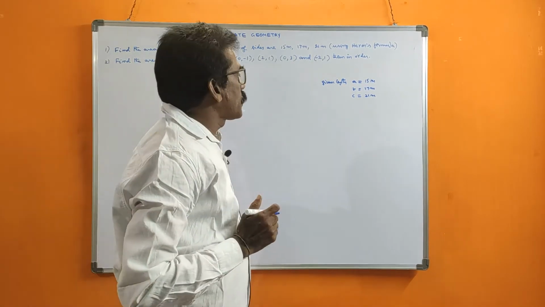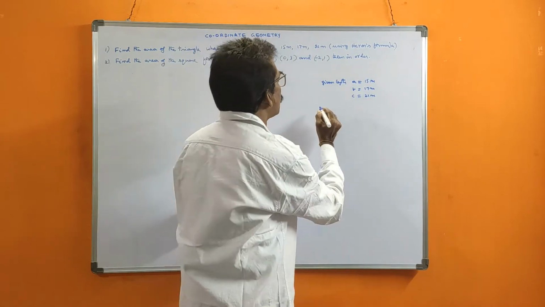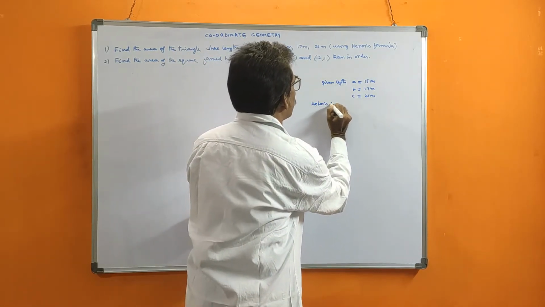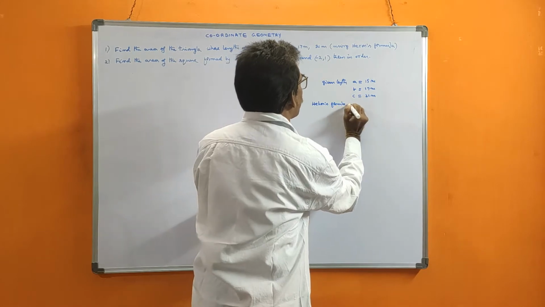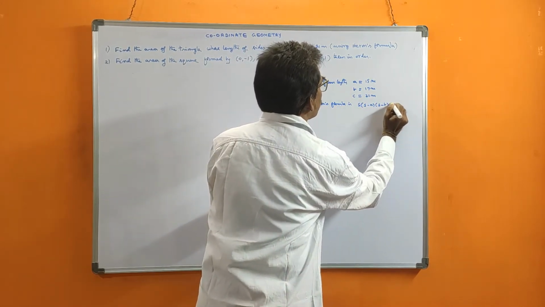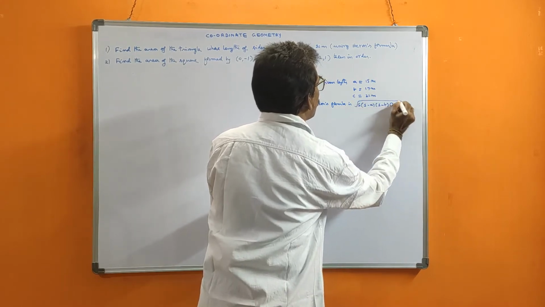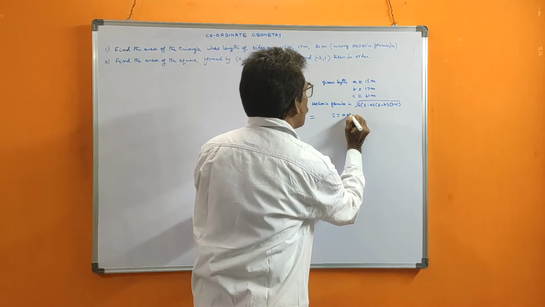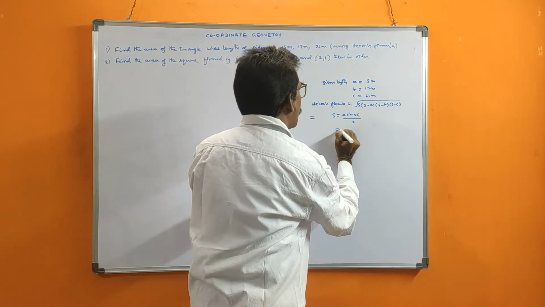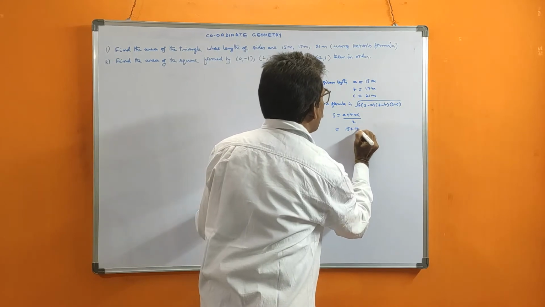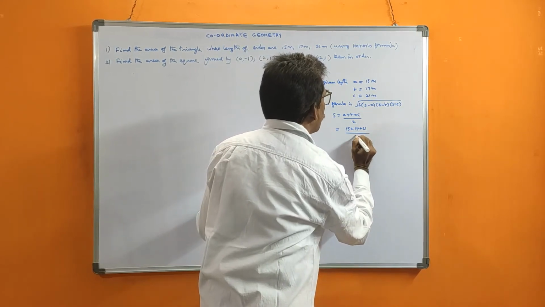Now Heron's formula is the square root of s into s minus a into s minus b into s minus c. First we should calculate s. s is equal to a plus b plus c by 2. Substitute the values: 15 plus 17 plus 21 by 2.